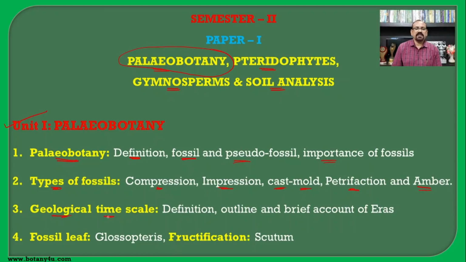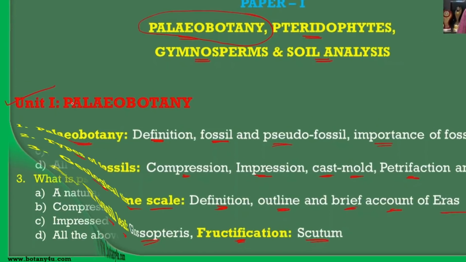Then geological time scale, definition, then outline and brief account of the different eras. Then fossil leaf, that is the Glossopteris, and fructification, that is the Scutum. So let's see the different 60 MCQs based on these different topics which are included in the Unit 1 of the Paper 1 BSc Semester 2.